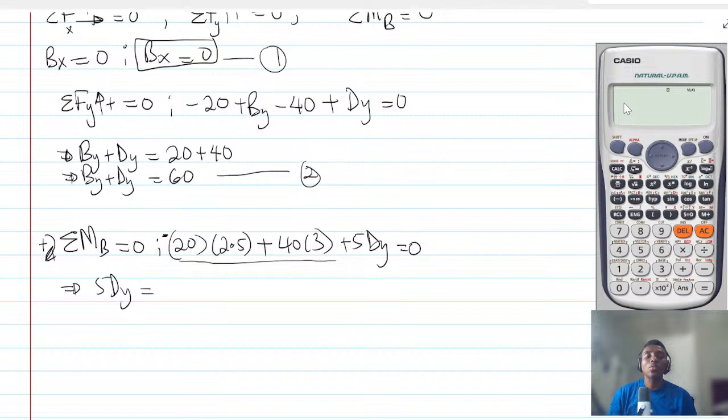So I'm going to get minus 20 multiplied by 2.5, and then plus 40 divided by 3.